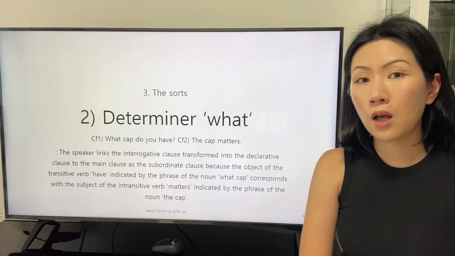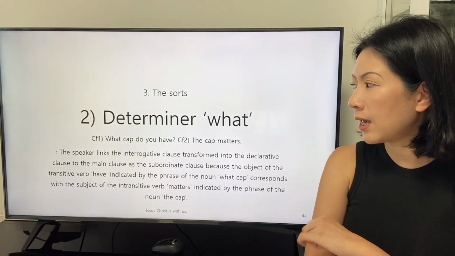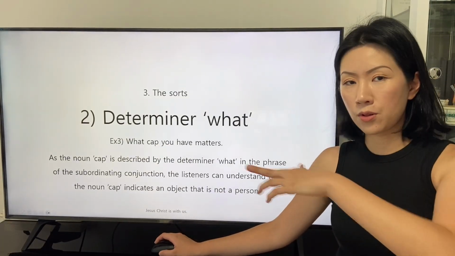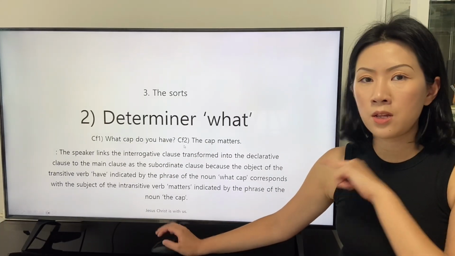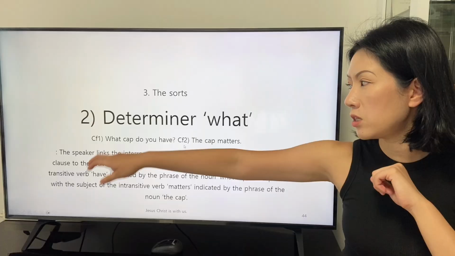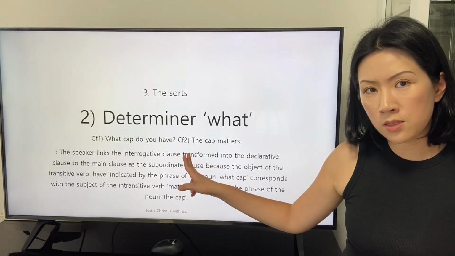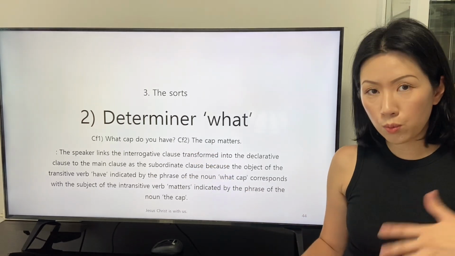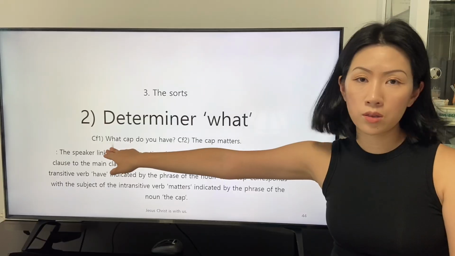As we've analyzed, we can separate the integrated sentence, the third sentence, into two clauses. The first one is the interrogative with the determiner what, and the second one is the declarative statement with the shared indication as the first clause.